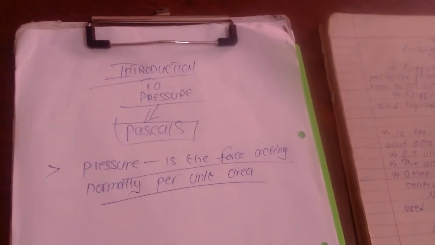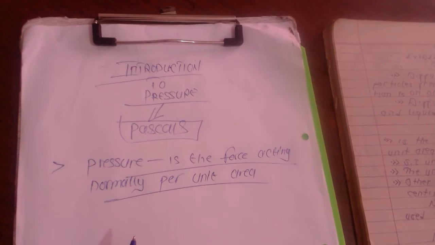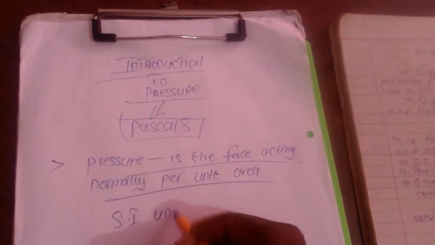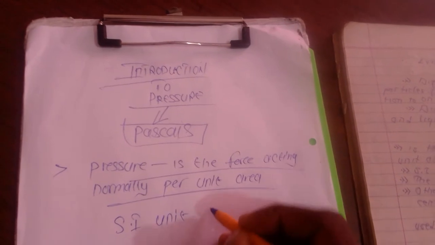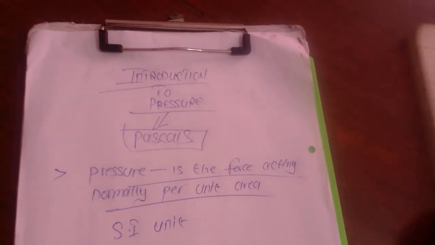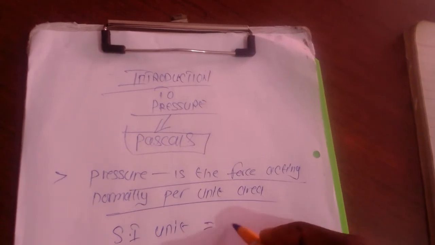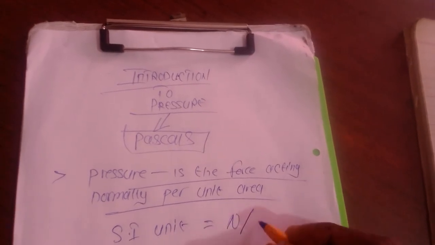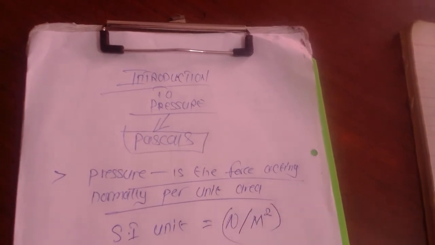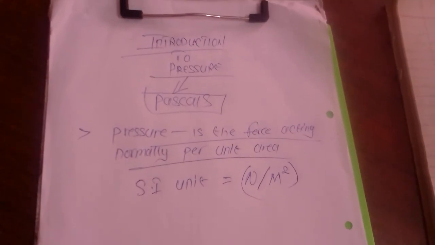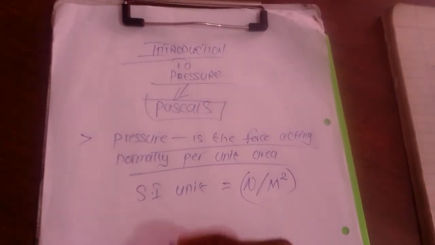Since pressure is the force acting normally per unit area, the SI unit of pressure is equal to Newton per meter squared, or per square meter, for those intellectuals who've learned about their SI units in general.